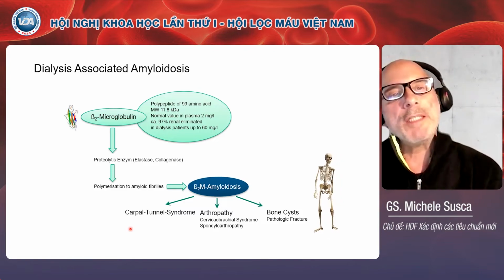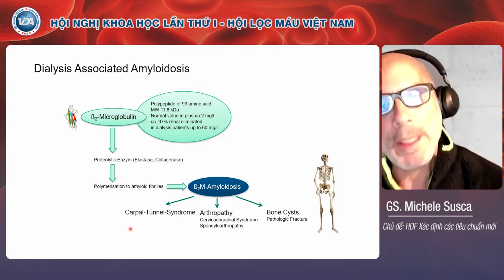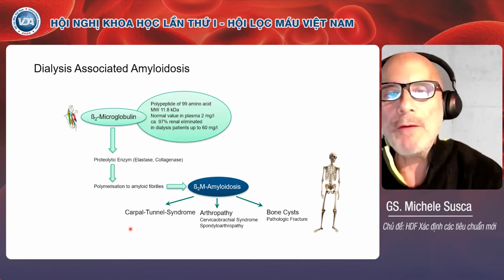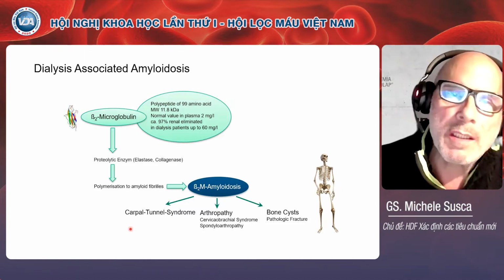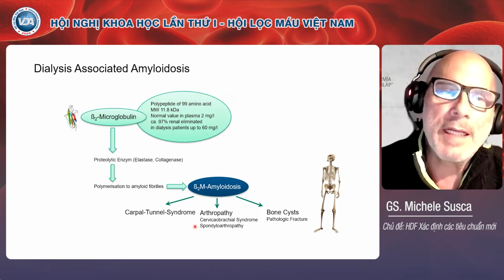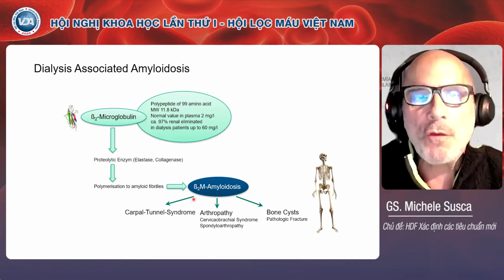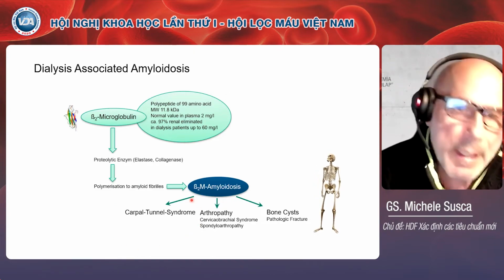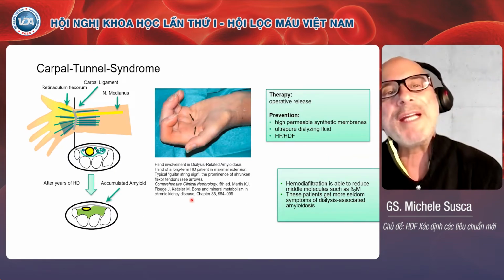Carpal tunnel syndrome is a typical late complication in our chronic dialysis patients. We used to say that when the patient is long enough under dialysis, he will for sure get these complications. So this is important not only to treat such a complication, but also to prevent it.